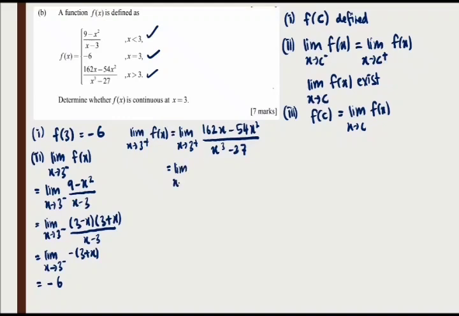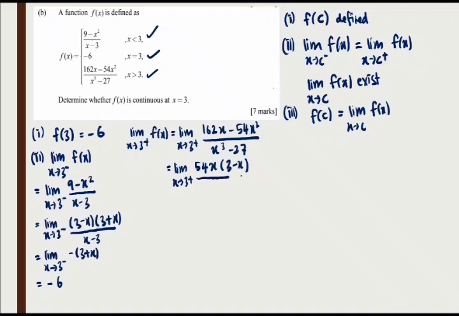So we will get x approaching 3 from the right. Factor out 54. We can factor out 54x over here, then we will have 3 minus x.